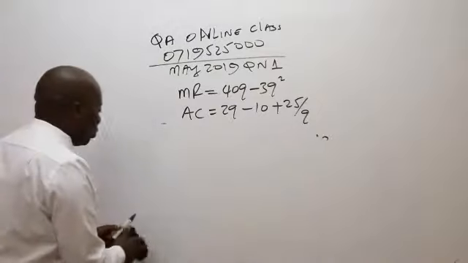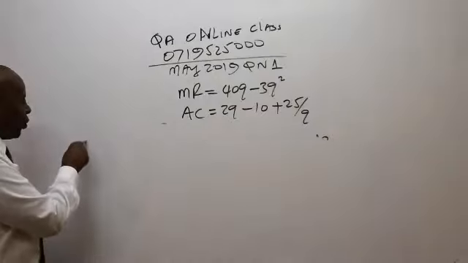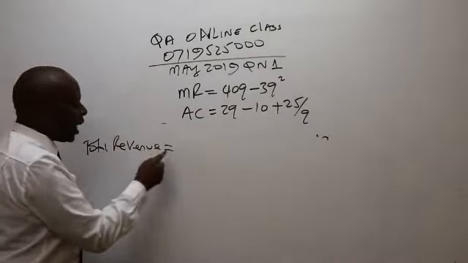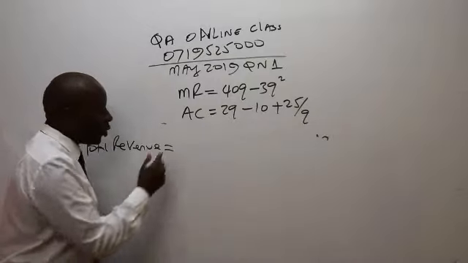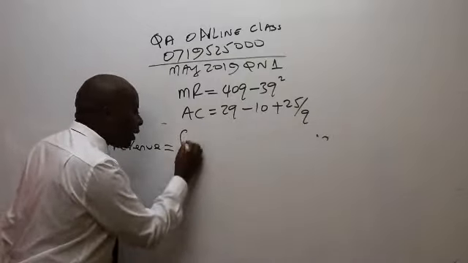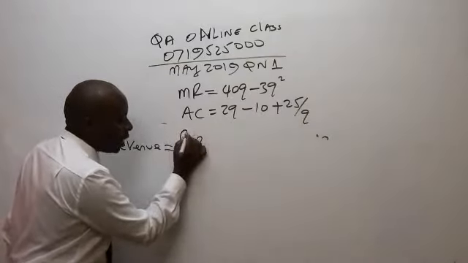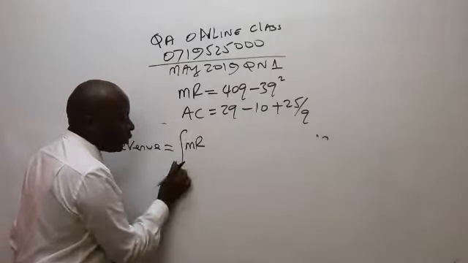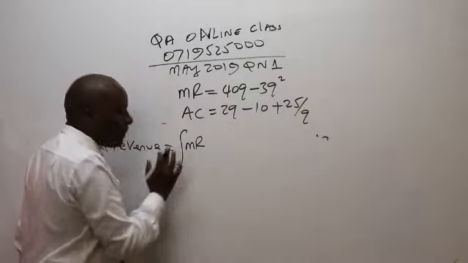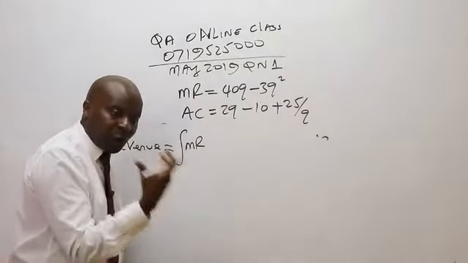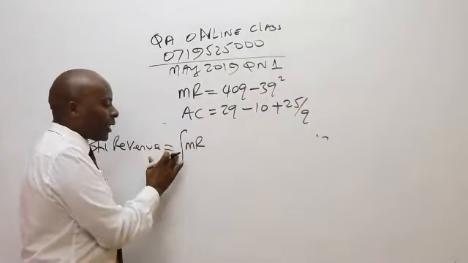To get total revenue, what we need to do is integrate the marginal revenue. This is an elongated S, which is a symbol of integration. Elongated S for sum. We sum the small revenues to be able to get the total revenue.